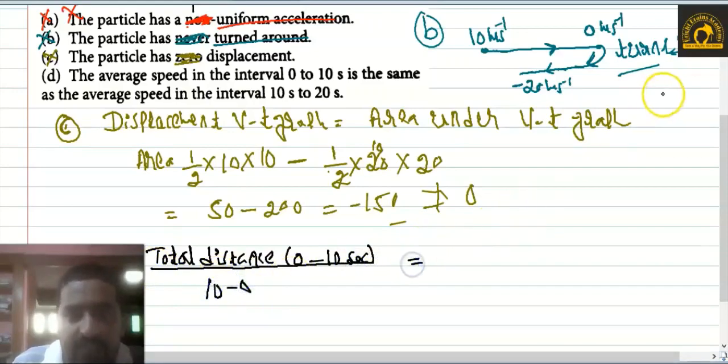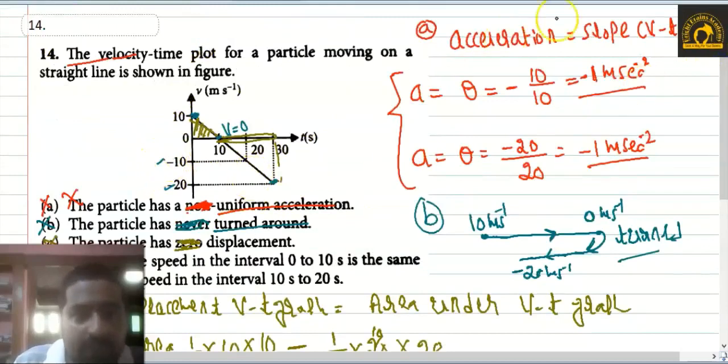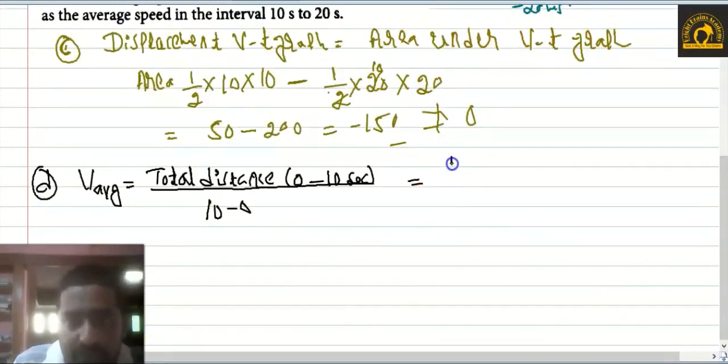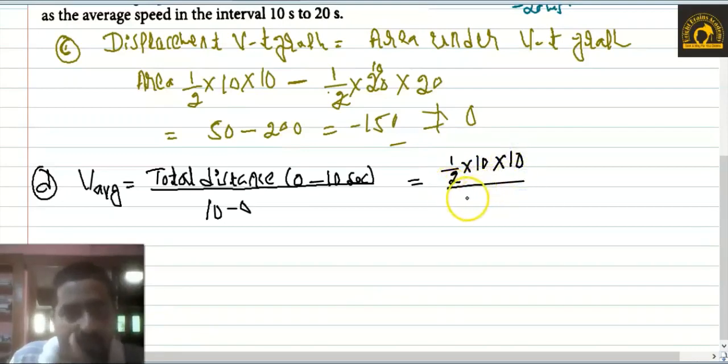So what is the total distance from 0 to 10? It is half into base into height, half into 10 into 10, divided by 10. So 10 gets cancelled. That is 5 meter per second.